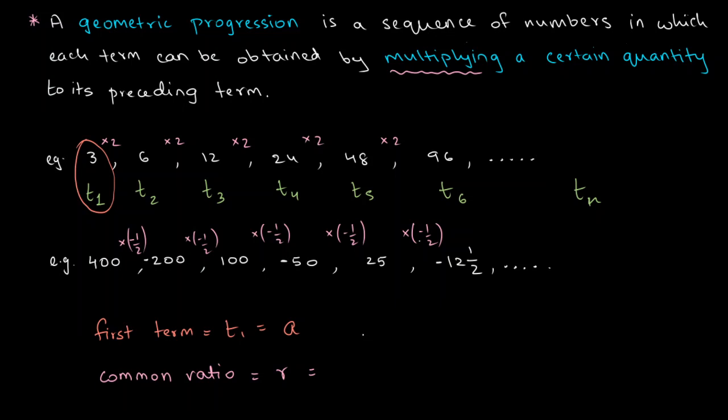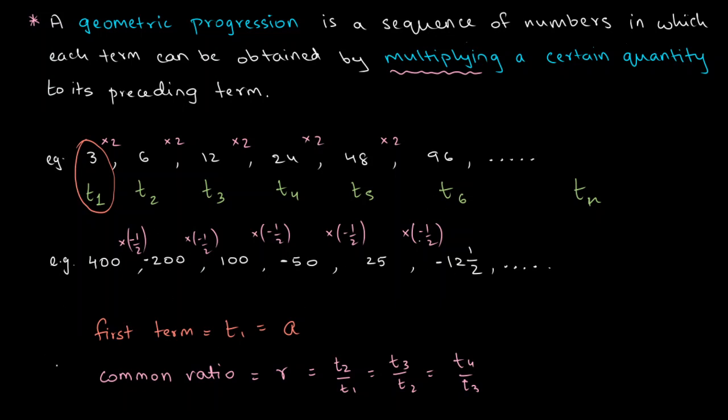The common ratio is defined as the ratio between any given term and its preceding term in a geometric progression. So if I want to find the common ratio, I can find it by dividing term 2 by term 1, or also term 3 by term 2, or term 4 by term 3, and so on. Any given term divided by its preceding term in a geometric progression will give me the common ratio.